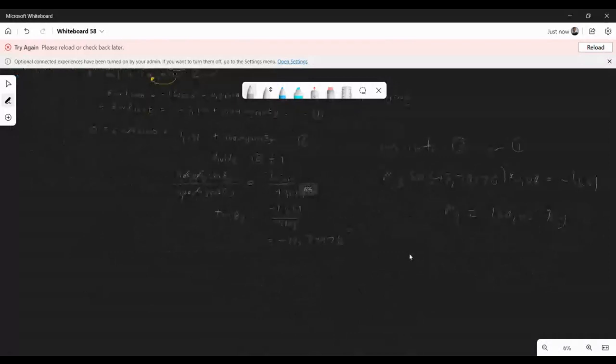Can you see my screen? So we know that this is minus 12.7998, right? That's that angle over there.